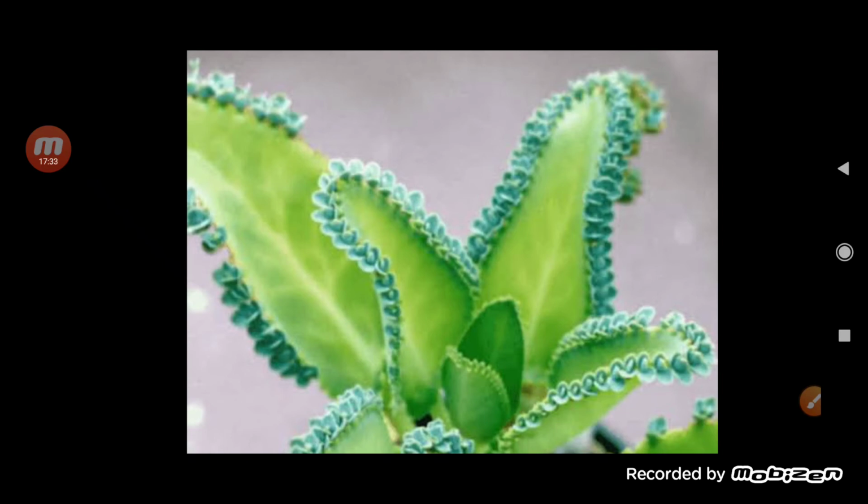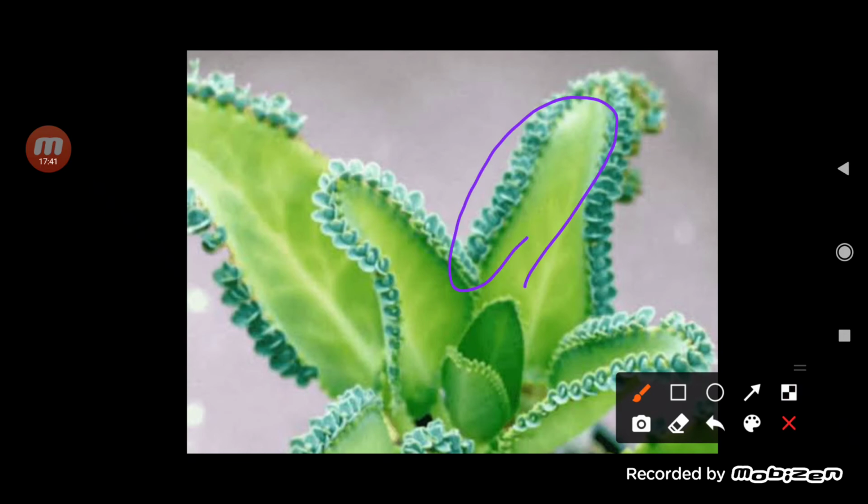Actually, the leaf of the bryophyllum plant has a special type of bud at its margin. You can see here, these are the buds which are present at the margin or the edges of the leaves. And these buds may get detached from the leaf and fall to the ground, and then they grow to produce a new bryophyllum plant.